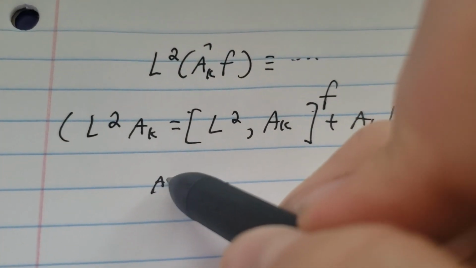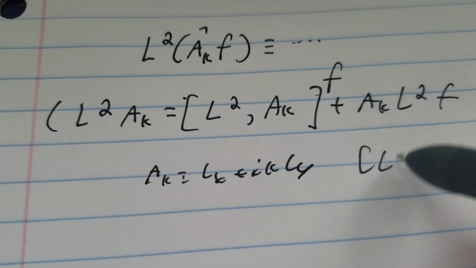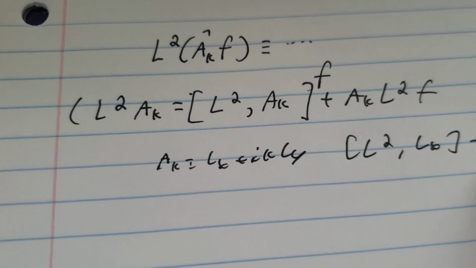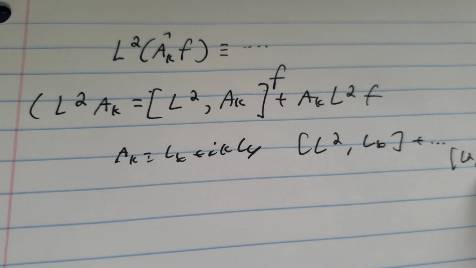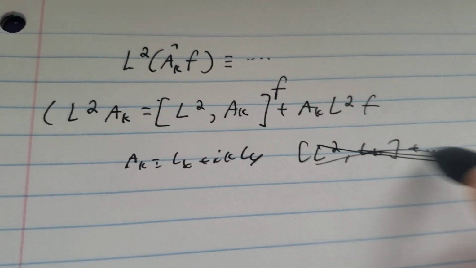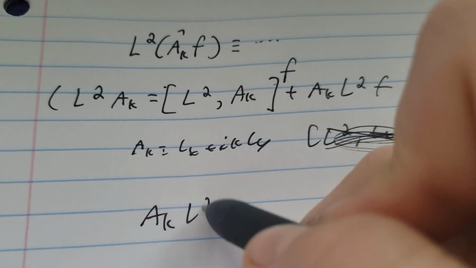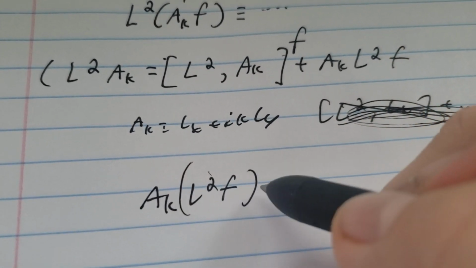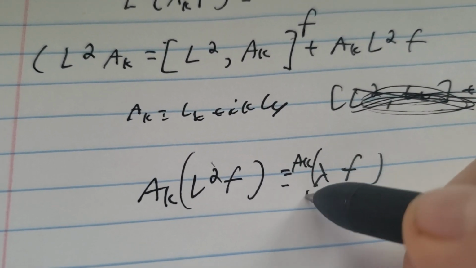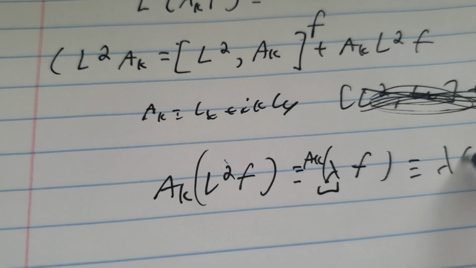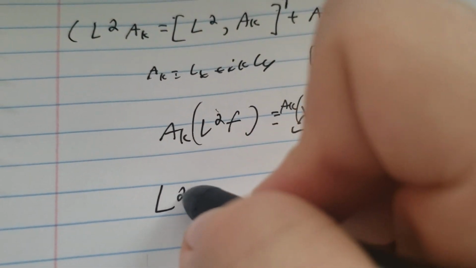Well, A sub k is just Lx plus i k Ly, so you're basically just having L squared with Lx plus something times L squared with Ly. And that's just 0. And we already know that L squared acting on f is just lambda f. And lambda is a constant, so we can pull this out. So we have this equation here.